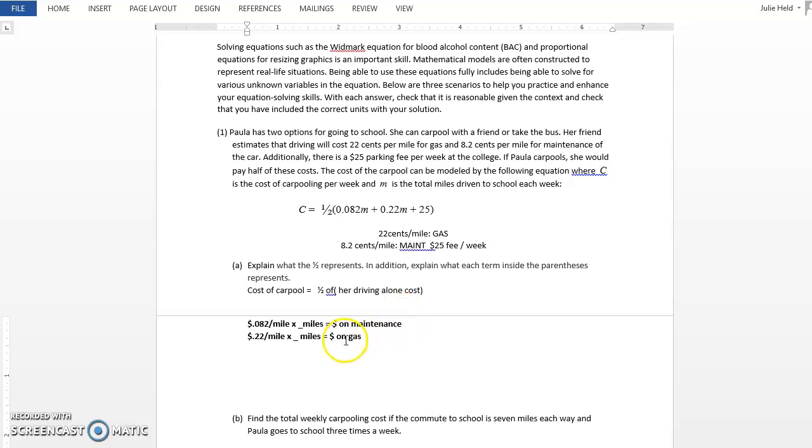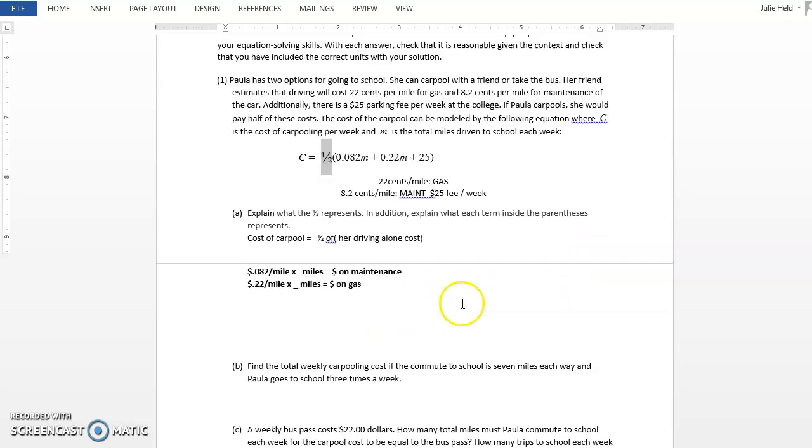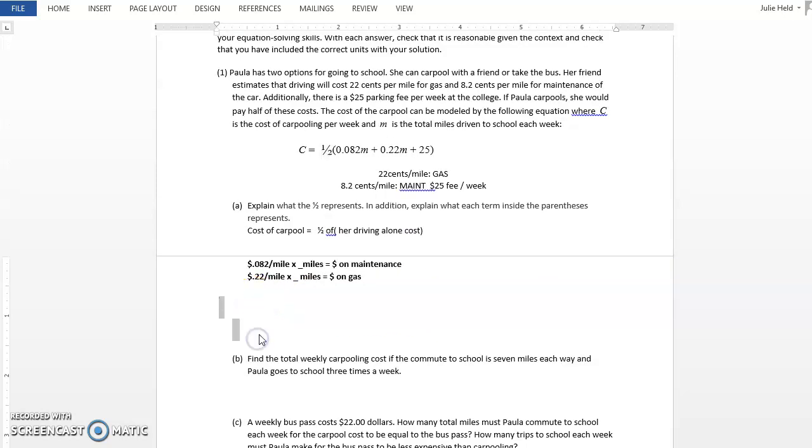Okay, and then $25 is the fee. Right, so all of those seem to make sense. If we add her maintenance, her gas price, and her fee, we would have her total driving alone cost. And then if you multiply that by a half, that would be equivalent to dividing it by 2. You'll get her carpool cost. So that formula looks right.